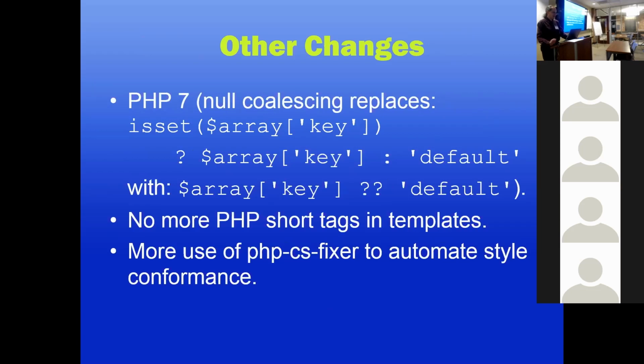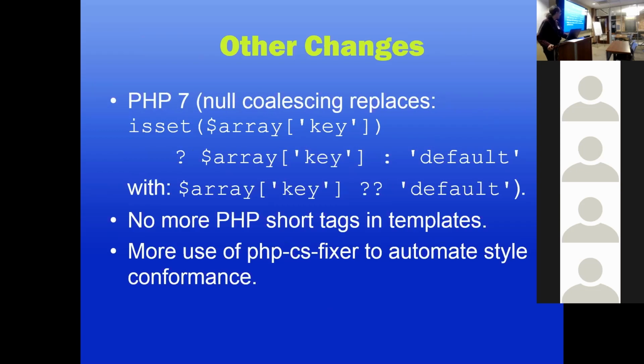But with the null coalescing operator, you can say some value on the left, two question marks, some default value. And if that value on the left is set, it gets used. If it's unset, the default value is used. It's very concise. You will see it in lots of places now because I'm trying to reduce the size of the code where I can.